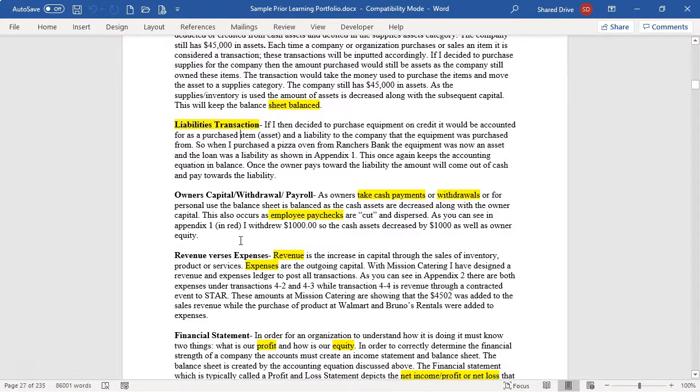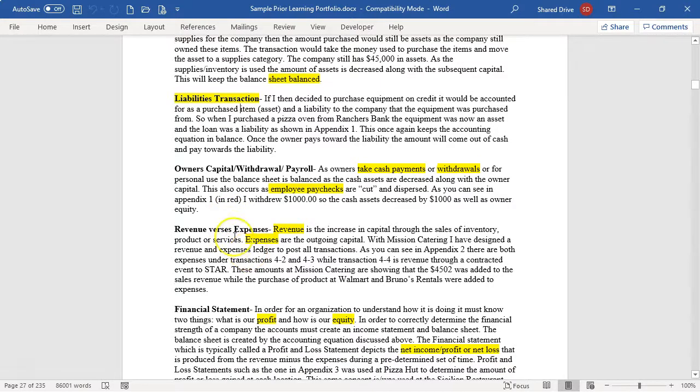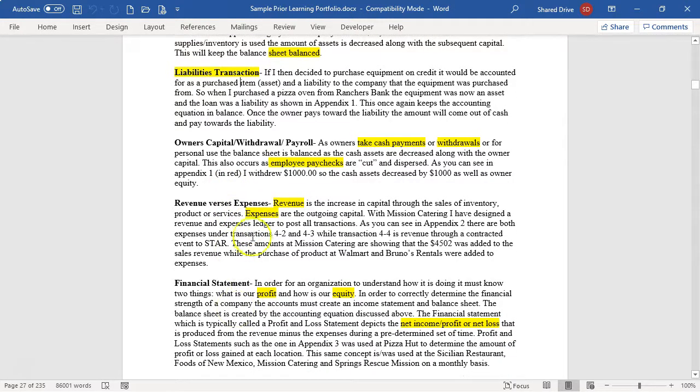And I could tell from his first portfolio that he knew the stuff. He just didn't know what to call it. In some cases, or if he knew what to call it, he didn't know the right term to use. So for each of these things, his financial statement, in order to know how well the organization's doing, you need to know what's our profit and what's the equity.